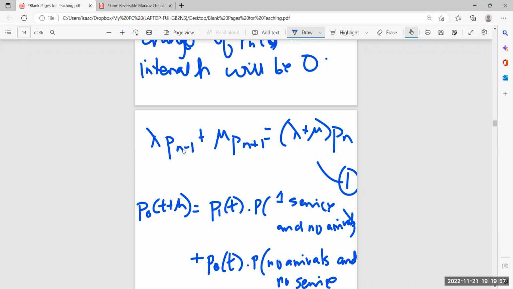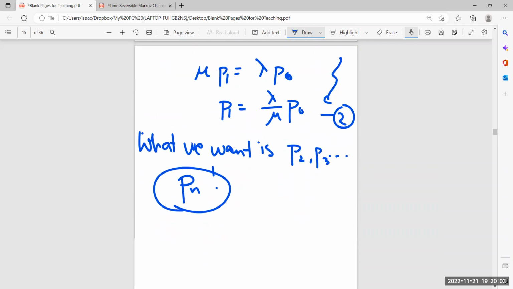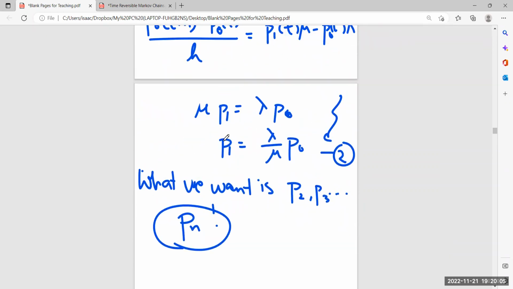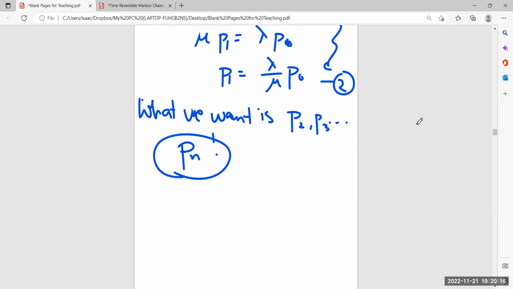So you'll have P0 in it, you'll have P2 in it, you'll have P1 in it. But we already found an expression for P1 in terms of P0. And now what we're going to do is find an expression for P2 in terms of P0, etc. Right? So that's what we're going to do. So we substitute.